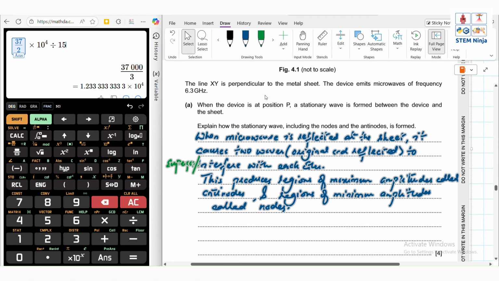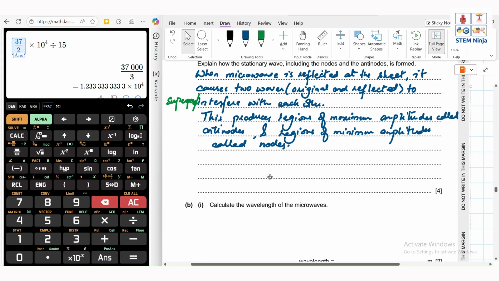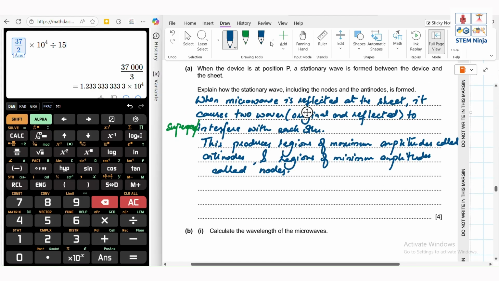That's it. So the points that were included is that the microwave is reflected at the sheet. It causes two waves to superpose or interfere with each other, produces regions of maximum amplitudes, antinodes, regions of minimum amplitudes called nodes.